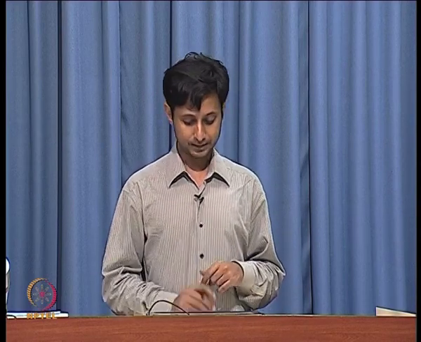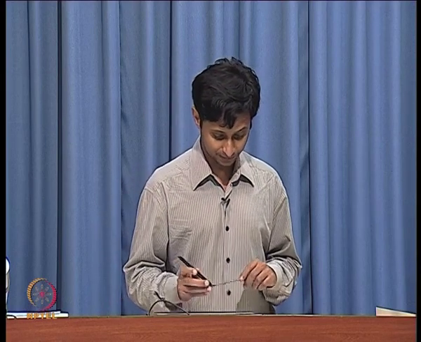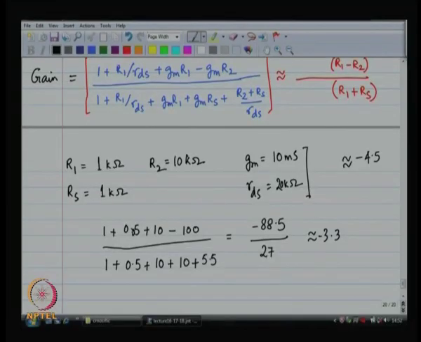So, instead of RDS as 2K, if I had chosen RDS as 20K, right, suppose RDS was 20K, then what you would have got is 0.05 over here, 0.05 and 0.55, okay, and that would mean something like this, which leads to a gain which is more closer to 4.5.